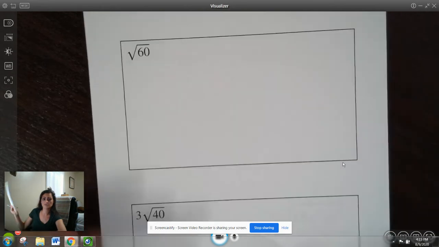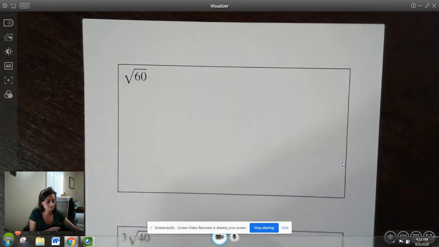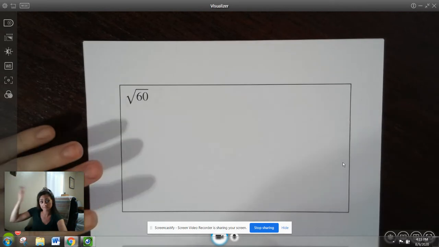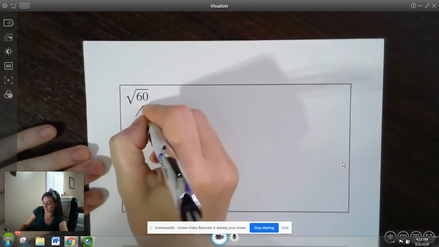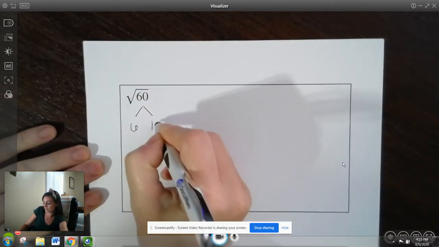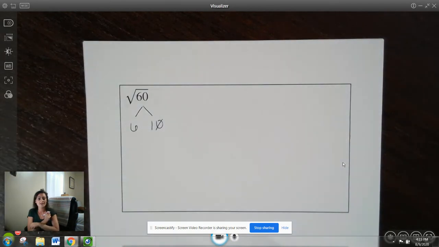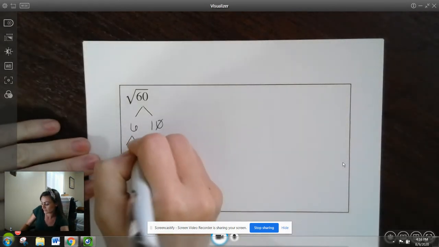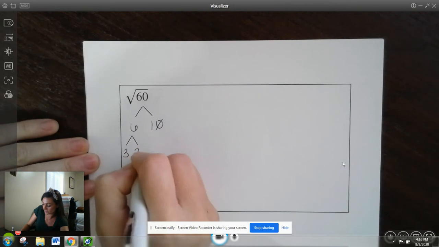So, let's do square root of 60. For my brain, the first thing I think of is this is 6 times 10. Neither of those are perfect squares. I have to keep going. I have to get down to my prime factorization here. So this is 3 times 2.